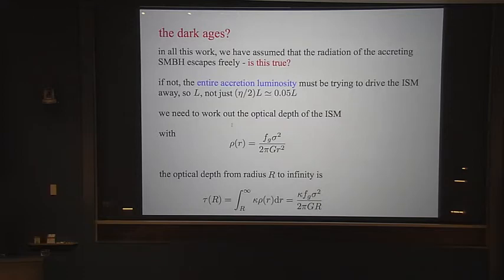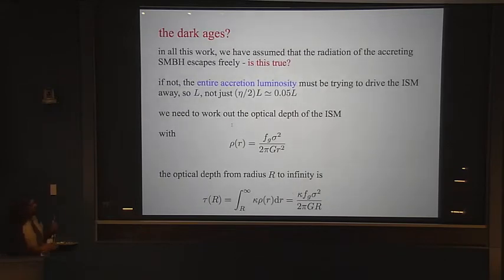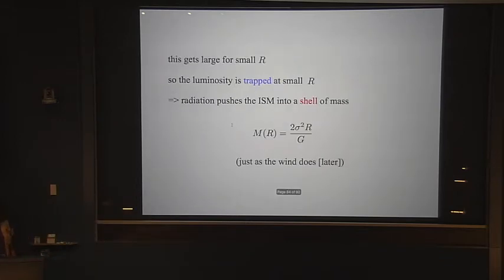So we can just put that in, and we can calculate the optical depth, tau, in the bulge. And basically what you can see is that the optical depth goes as sigma squared over r. It's just a cute thing. It's not particularly consequential.